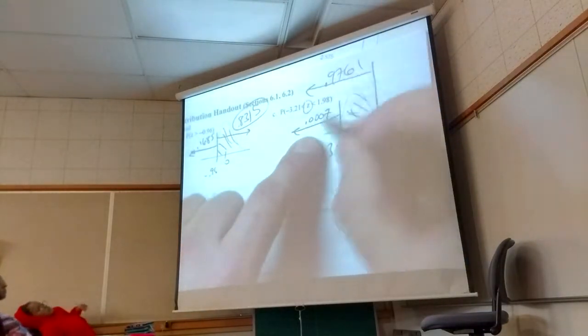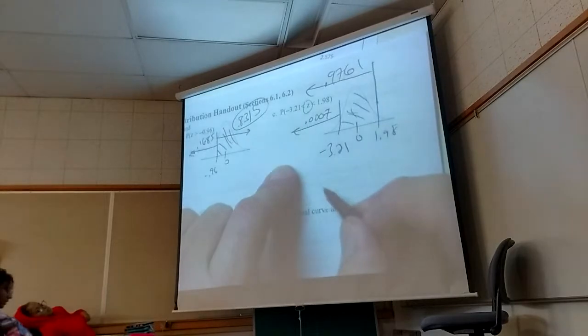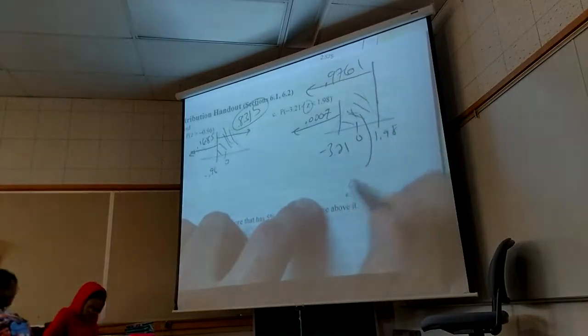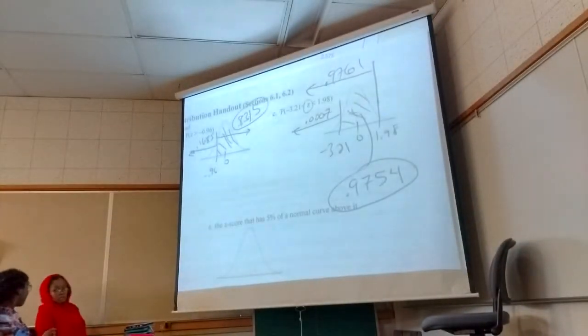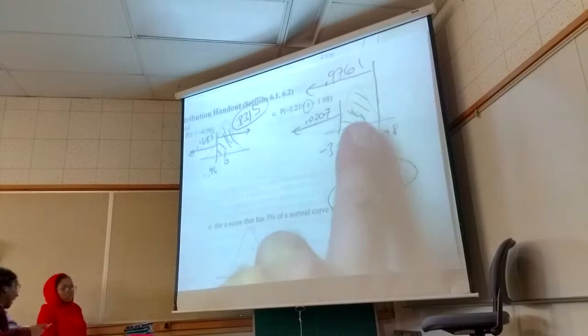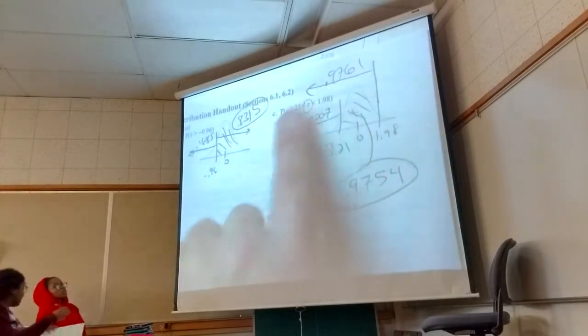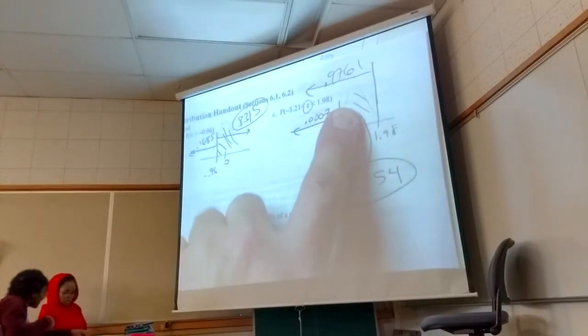So now if you subtract those, what do you get? 0.9754. So about 97.5% of data is between these two z-scores in the normal curve. I like it. And that makes sense because we went way far down and pretty far up. So there should be a huge chunk of it in there.